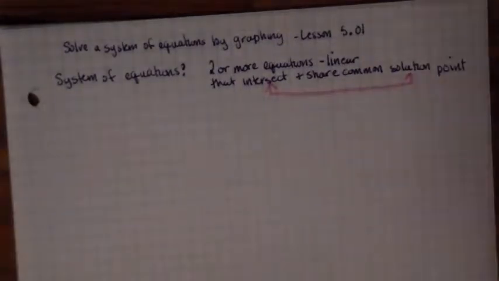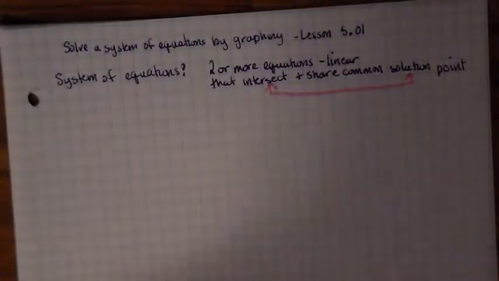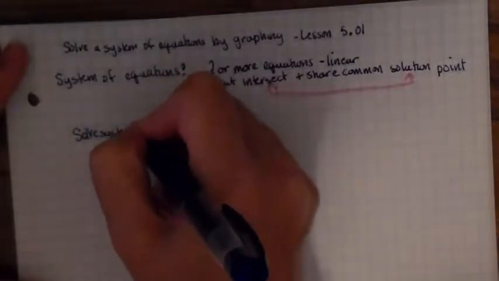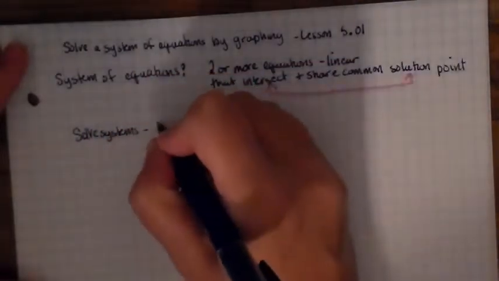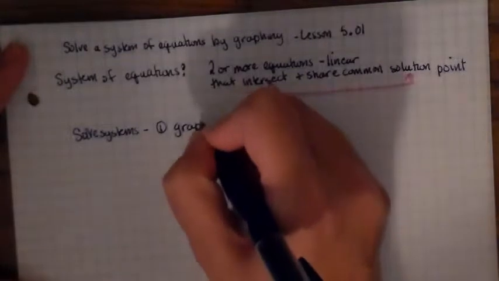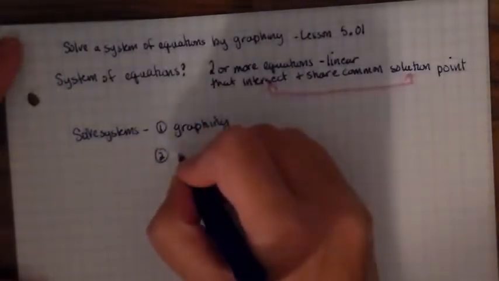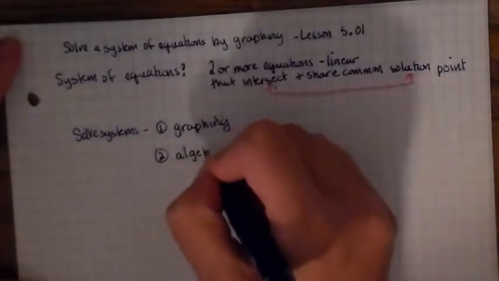So one of the ways that we can solve a system of equations is by graphing the system. So when we solve systems, we have one method of graphing. We have another method of solving algebraically.